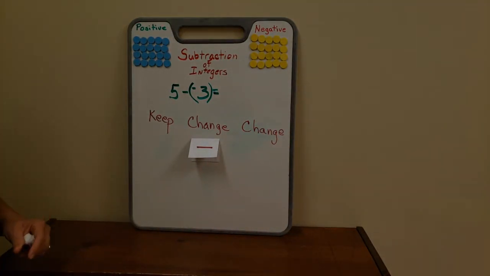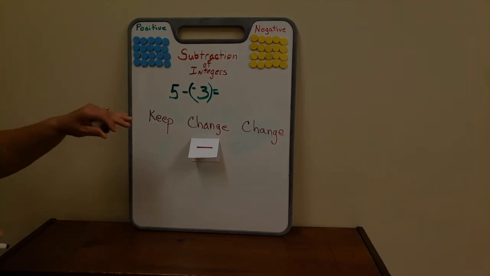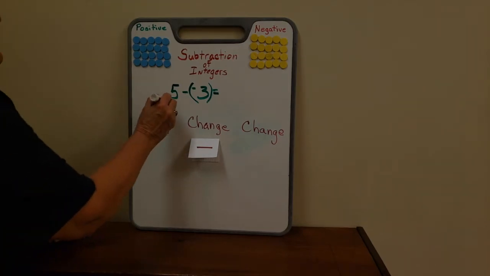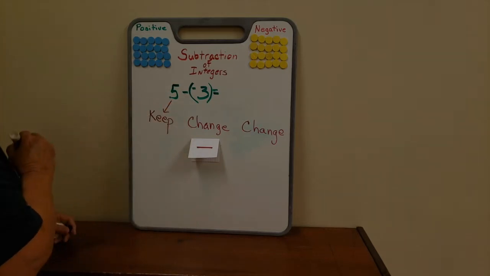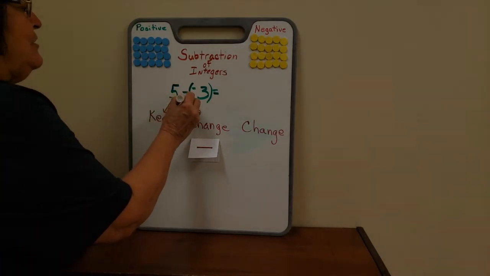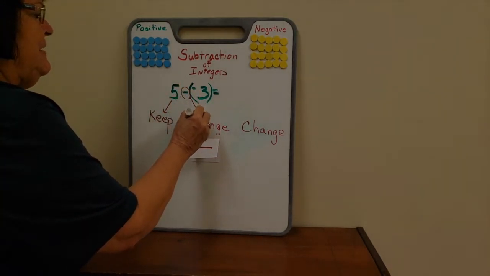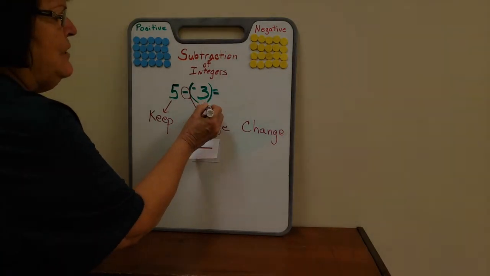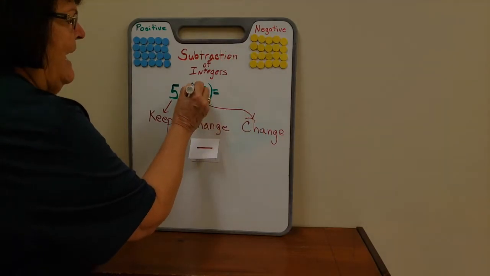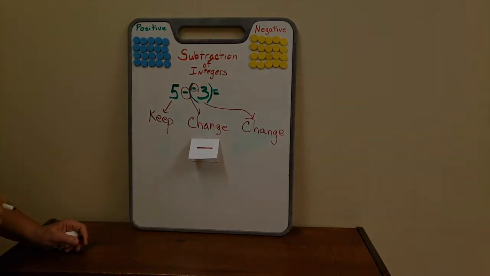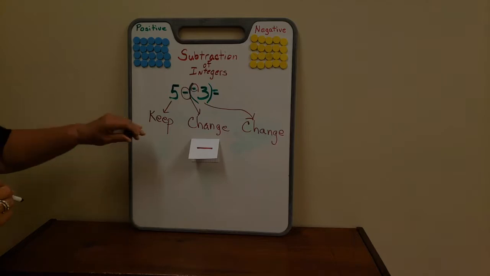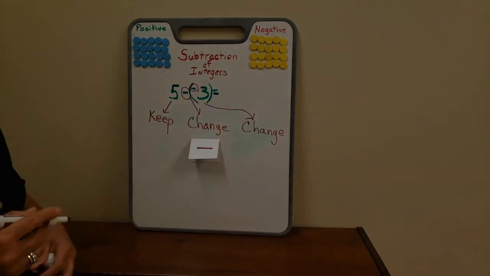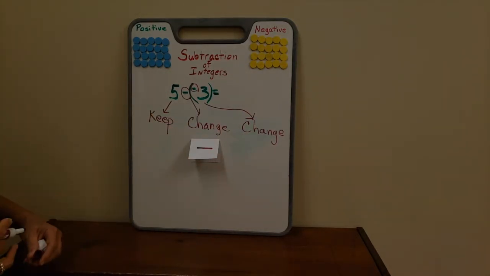Before you can start to do a subtraction problem, you must do this. You keep the sign of the first number. You change the operation from subtraction to addition, and you change the sign of the integer following. So keep, change, change is a shortcut to start subtraction.